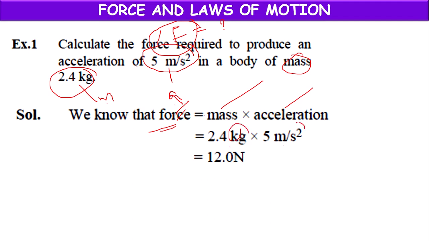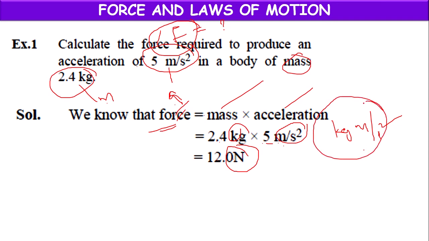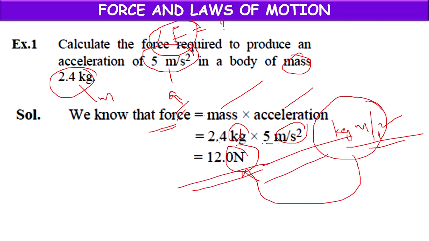Here kg and meter per second square are the standard SI units, no need to change them. 2.4 into 5 is 12.0. Here the unit is kg meter per second square, but we have a special name called Newton, named after Sir Isaac Newton. So this kg meter per second square is called Newton. So 12.0 newtons is the answer.